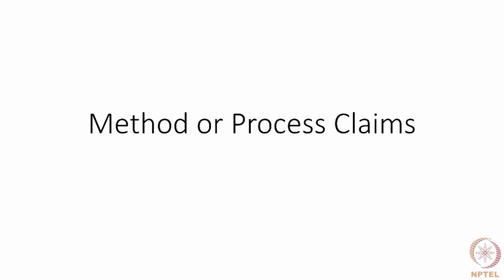Method or process claims. We had seen the details about an apparatus claim. Now, the apparatus claim is what we had already mentioned, falls within the ambit of a product claim in India, and the method or process claim falls within the ambit of process claims.